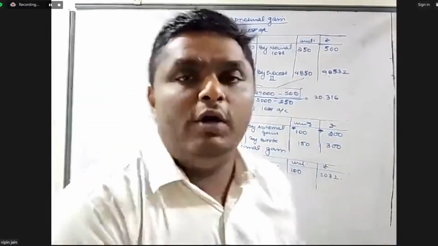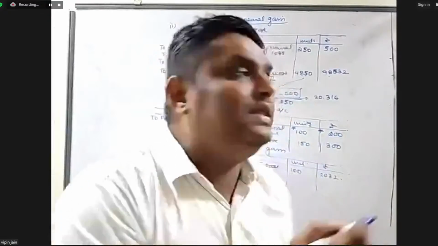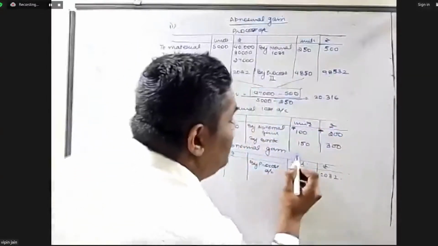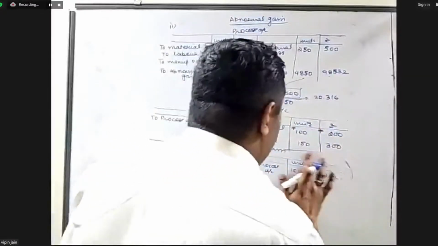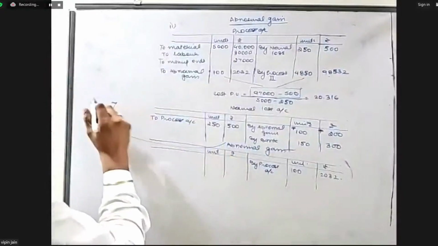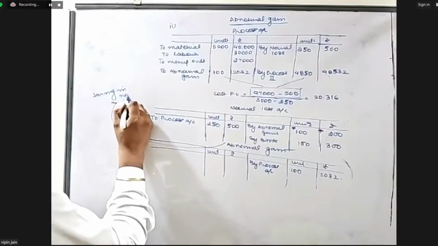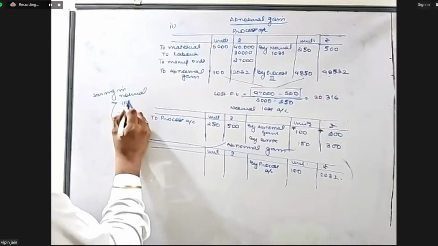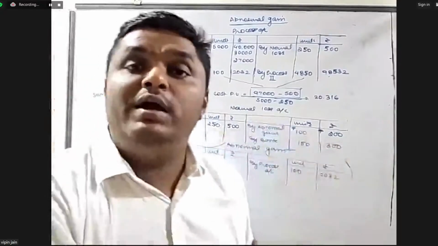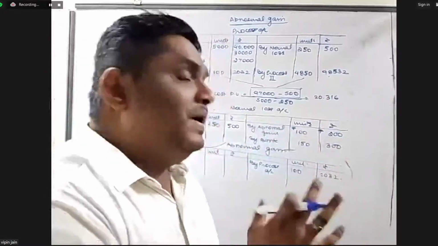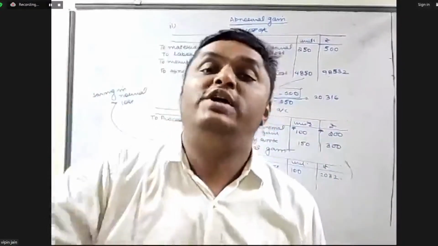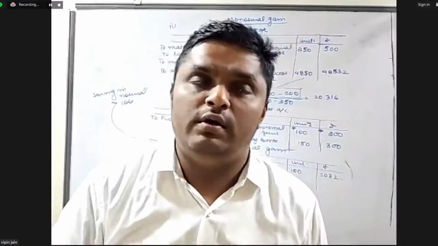So in short, what is abnormal gain? We can say it is the saving in the normal loss. In other words, it is saving in normal loss. However, it will not affect the product cost or cost per unit, because today abnormal gain has happened, tomorrow maybe it will not, we are not sure.